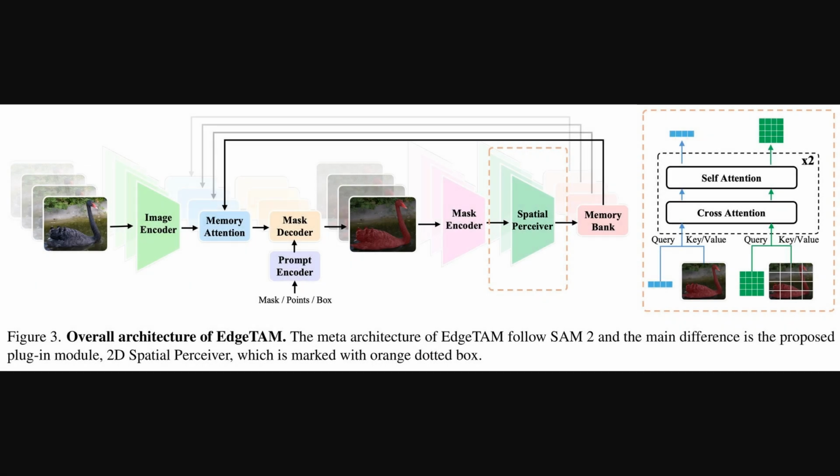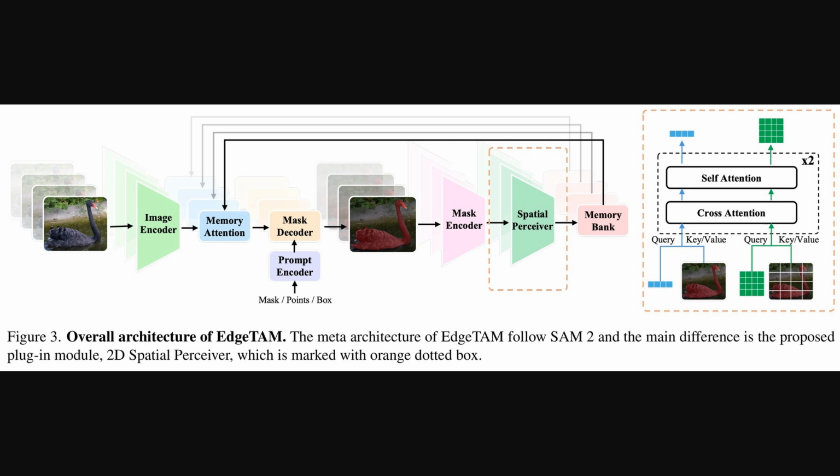So building on that understanding of where the slowdowns occur, this figure lays out the overall architecture of EdgeTAM. We see video frames processed by an image encoder, then memory attention, and a mask decoder which creates the object outlines, helped by a prompt encoder for user inputs like points or boxes. The critical new part in the orange box is the 2D spatial perceiver.